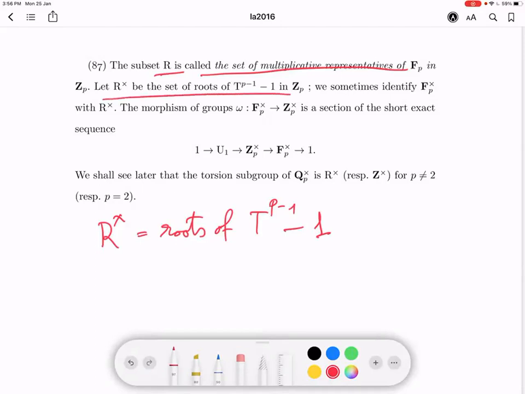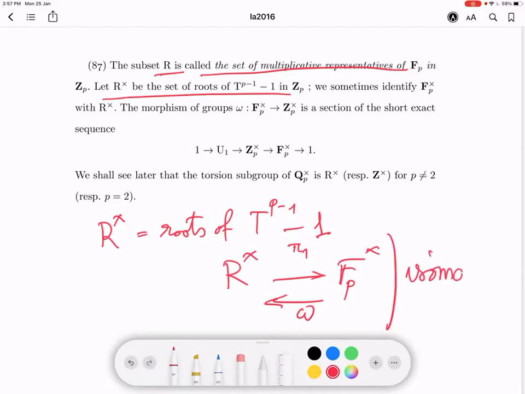R star is the notation for this. Then R star and F_p star are in bijection. This pi 1 gives a bijection this way, and omega gives a bijection this way. And these are isomorphisms of groups.